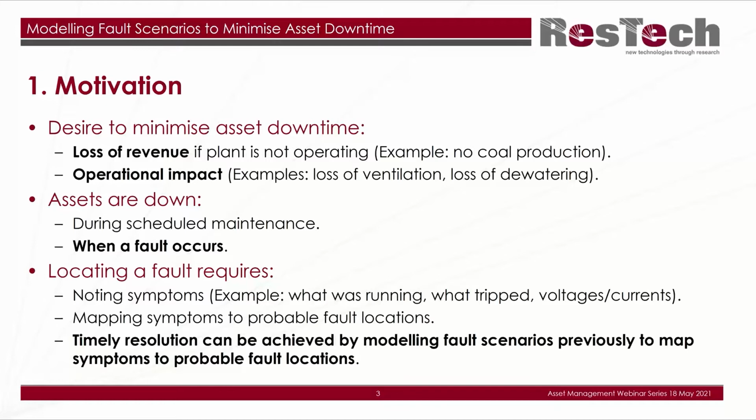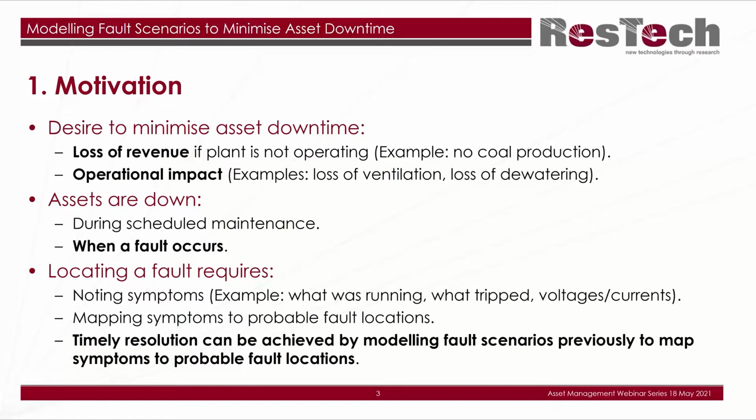Okay. So if a fault does occur, we obviously want to locate the fault as quickly as possible. And generally the process that we go through is noting what the symptoms are when the fault occurred, like what was running, what tripped, what are the voltages and currents doing at the time of the tripping. And then we obviously want to take that and map it to some possible fault locations where that might have actually caused the plant to stop working. Now, of course, if this is being done at the time when the fault occurs, it can take a long time.